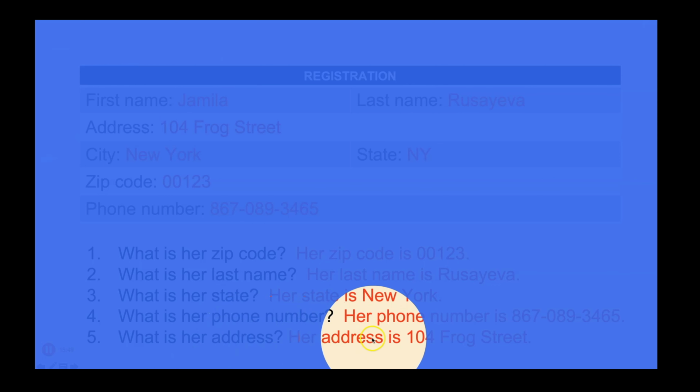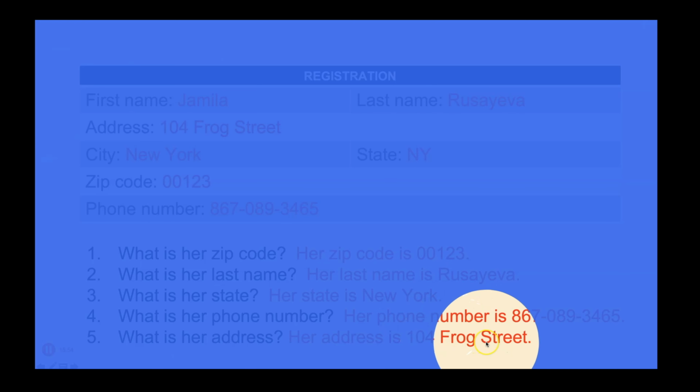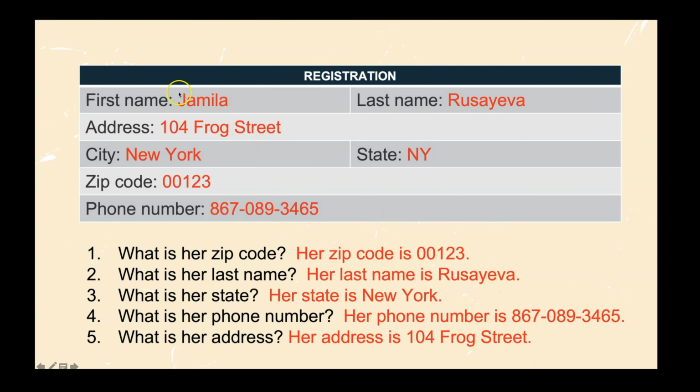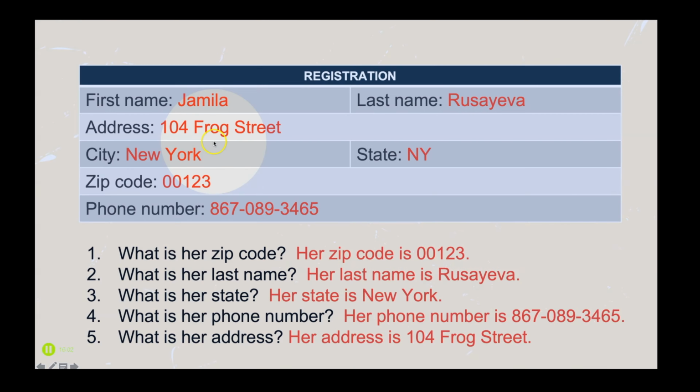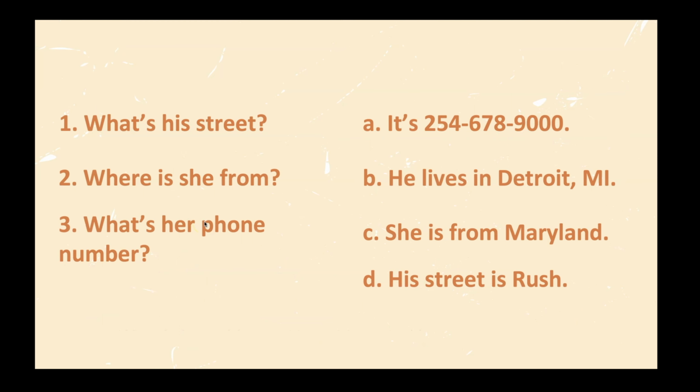Her address is 104 Frog Street. And we could say that all of this is her address. Good job. All right, time for a little more matching. I will give you some time to do this on your own.